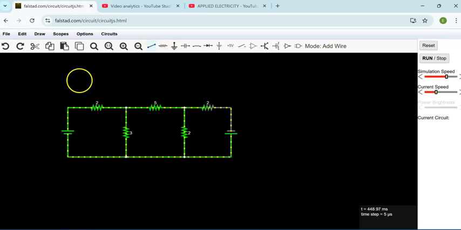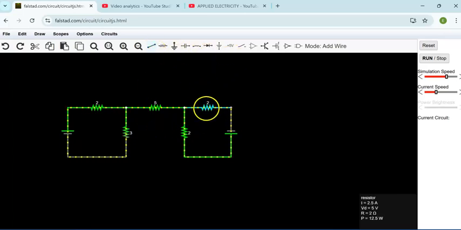After slowing it down, let us calculate the current in this 2 ohms. There was a resistor here that I left out.